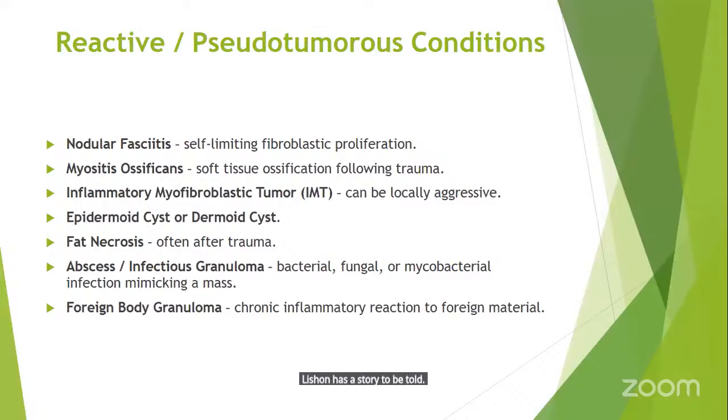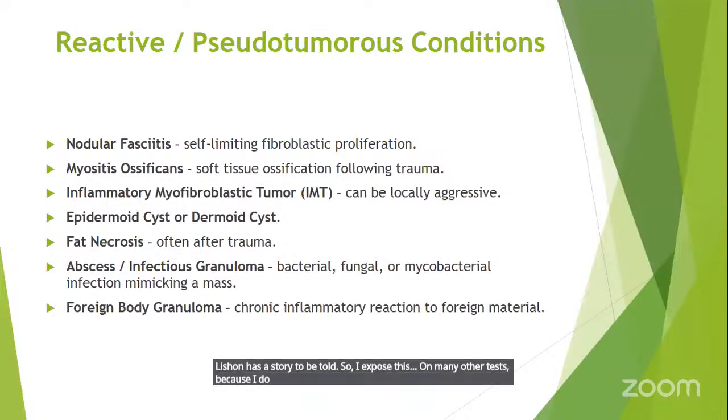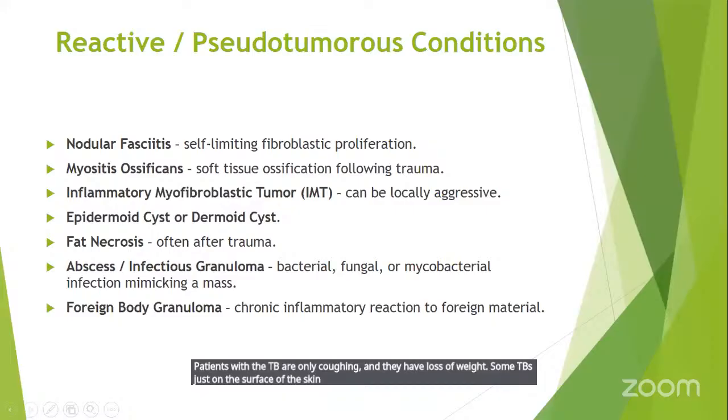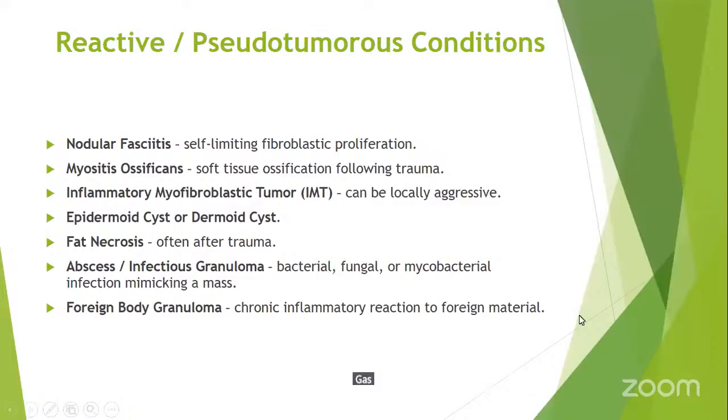So expose this to many other tests, because I do find mycobacteria on the skin surface that nobody knows about, because they think that patients with TB are only coughing and have loss of weight. Some TB is just on the surface of the skin and they continue staying with it for many years, just infecting others.